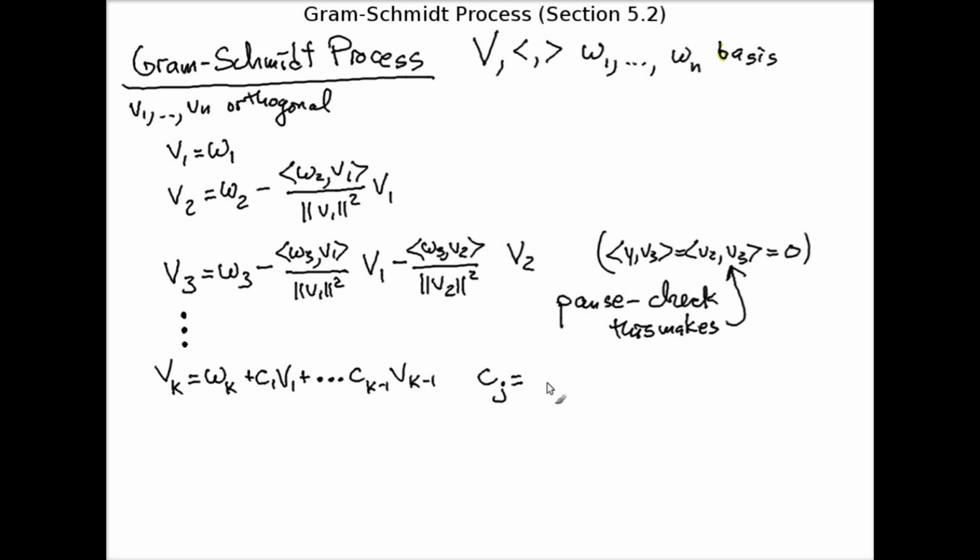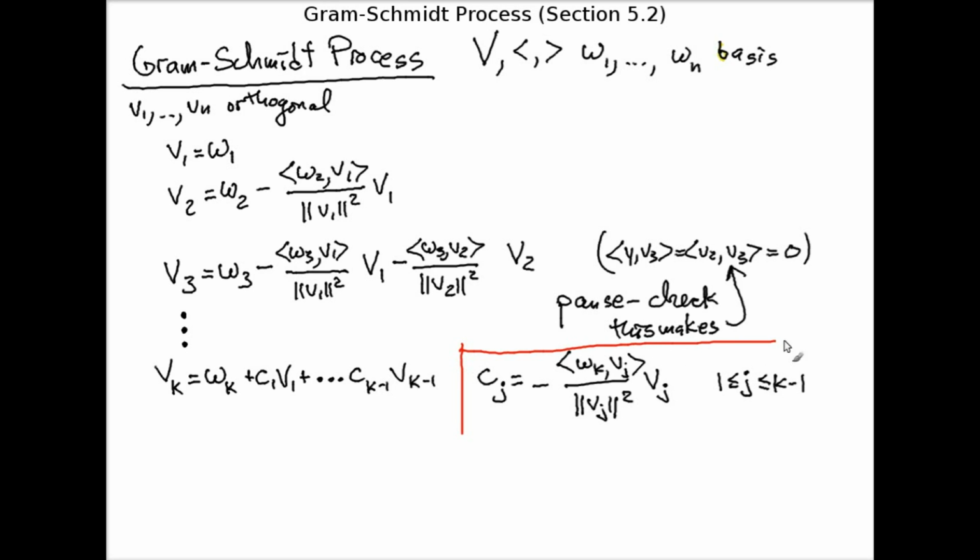It turns out that CJ is minus WK VJ over the length of VJ squared times VJ, where J runs from 1 to K minus 1. So this, in some sense, is the heart of the Gram-Schmidt process.